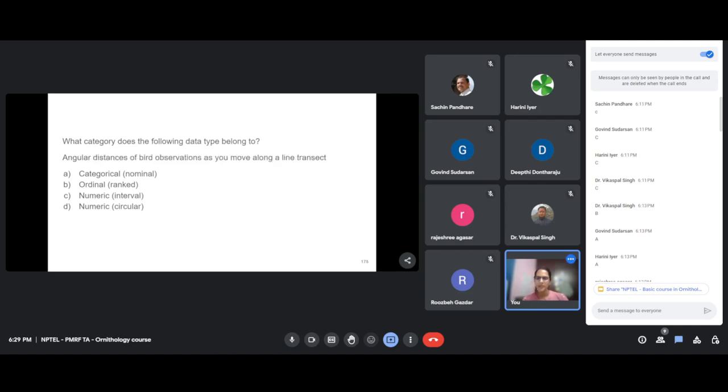Then when you have angular distances of birds, you can only measure angles in a circular fashion, up to 360 degrees. If the bird is on the transect in front of you, what is the degree that you will mention?